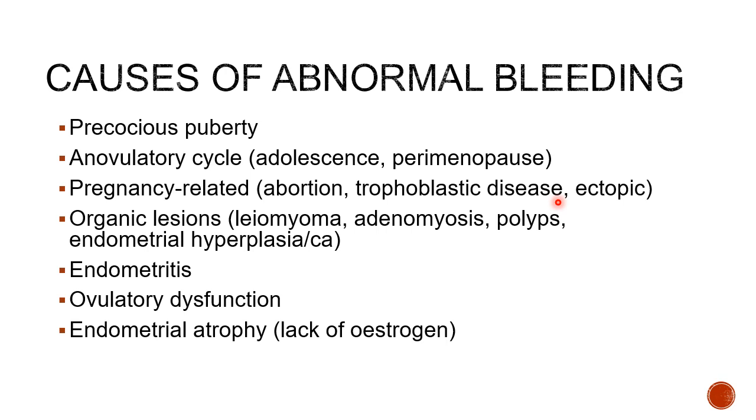As you can see, it is quite a long list, and it covers everything from endocrine disorders, to organic lesions such as tumors, and can be inflammatory in cause. So it's really quite diverse, but for today's lecture we're going to focus on endometrial hyperplasia and cancer as well as leiomyoma.